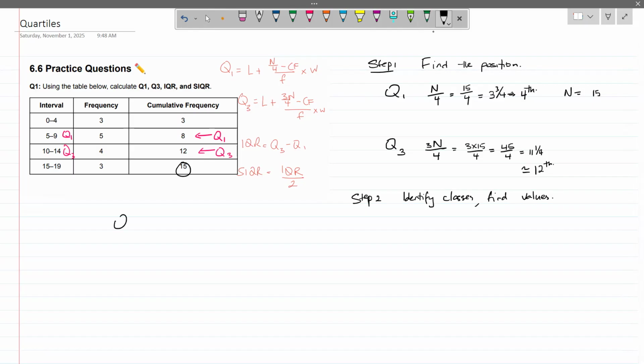So pulling out my formula for Q1: L plus N over 4 minus the cumulative frequency, over F, multiplied by the class width. For Q1, my L is going to be 5, my lower limit, minus 0.5. So that's going to be 4.5.